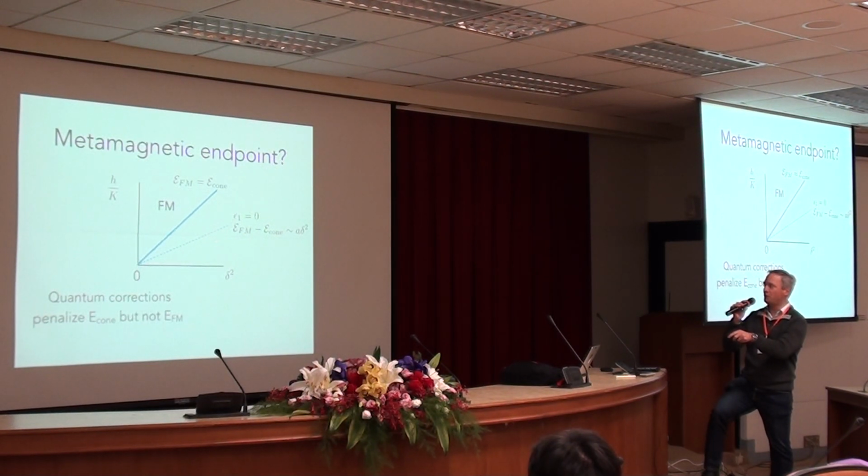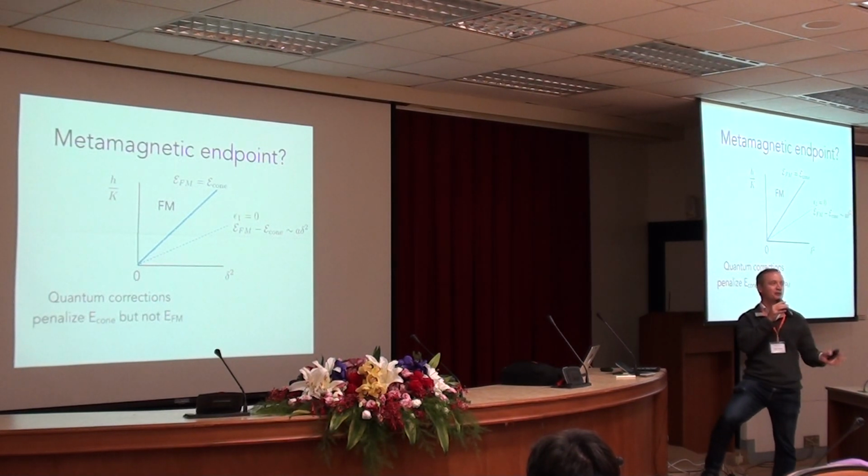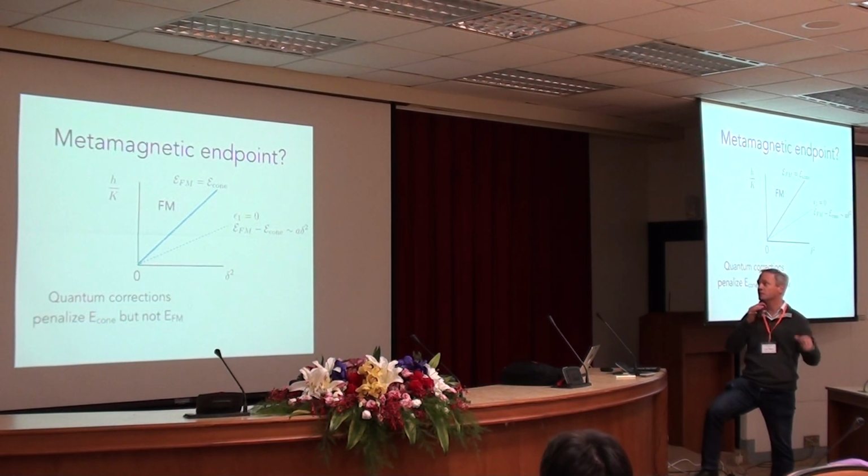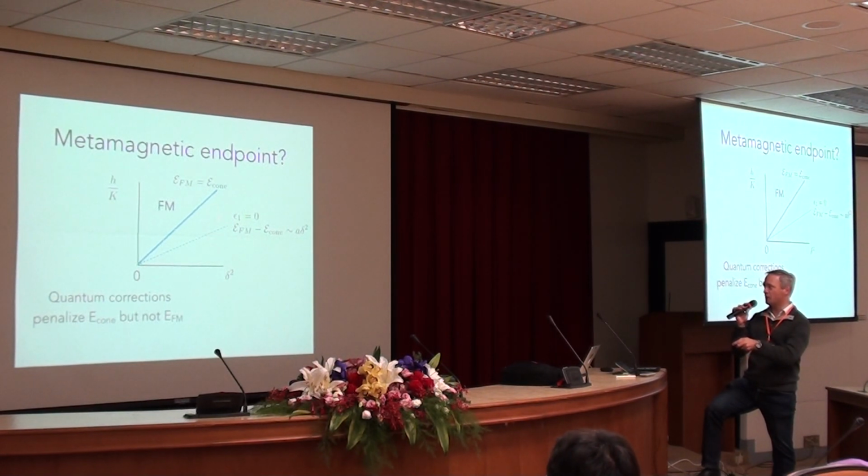So this is the point at which single magnon condensation would actually occur if we let it, if we just follow the metastable ferromagnetic solution down to lower fields. So this is kind of a region where, if you want, you could supercool the ferromagnetic state. This is a result at the saddle point level. Okay. So in this region, the ferromagnetic state has higher energy than the cone state, but it still exists.